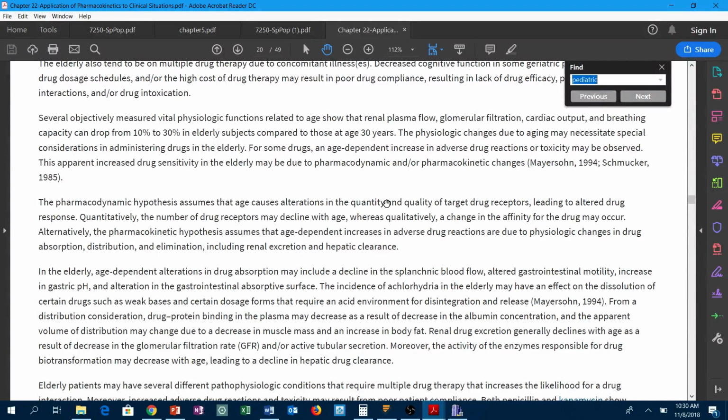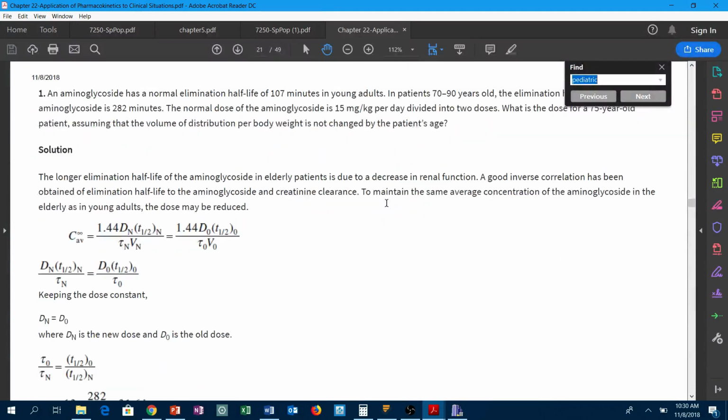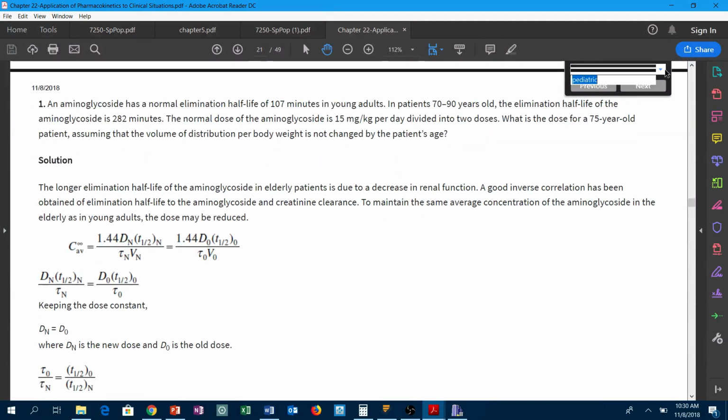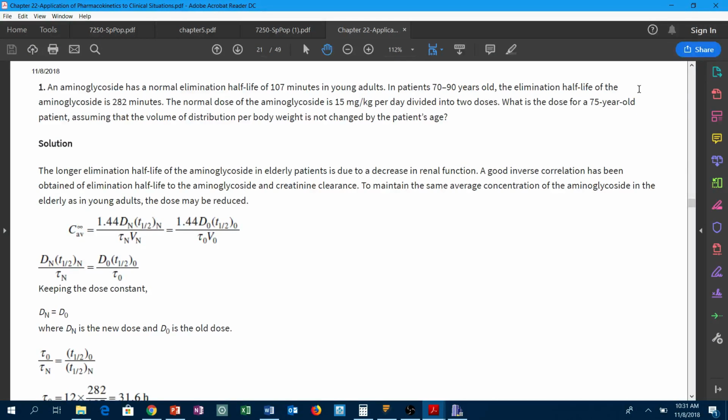So distribution. What's the biggest thing you're always thinking about with distribution of the drug? What's the biggest parameter? Volume of distribution. Do you think the volume of distribution would be higher or lower? Higher, because they have greater total body water.